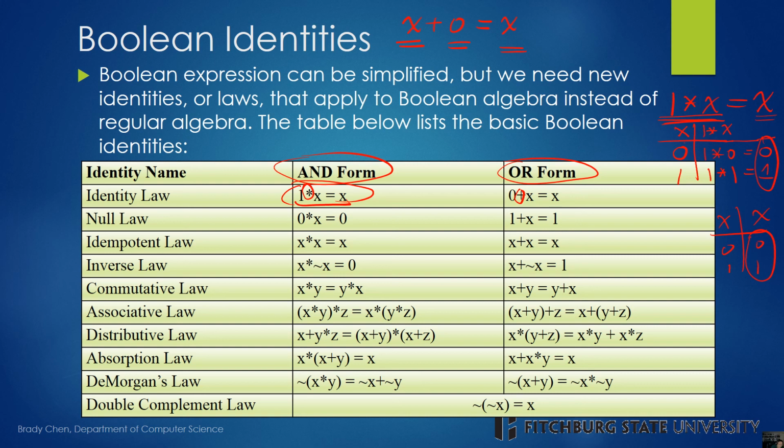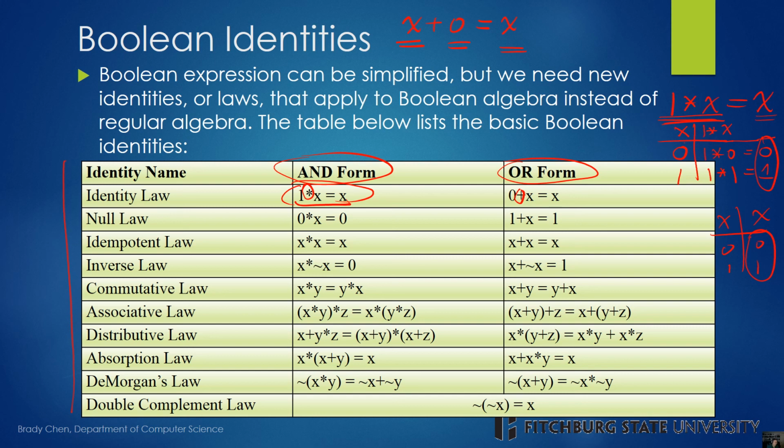Here I'm not going to spend much time proving it, but you can use these identities without even proving it. Now these identities are very useful when we try to simplify the Boolean expression.